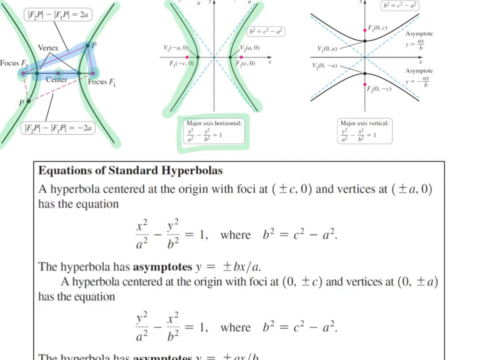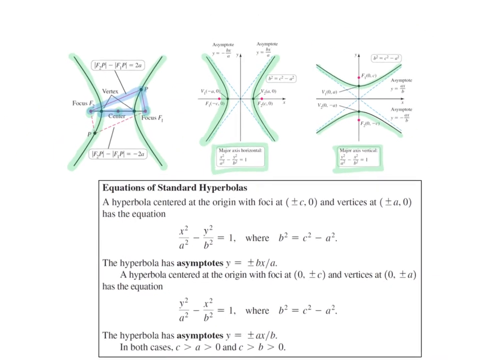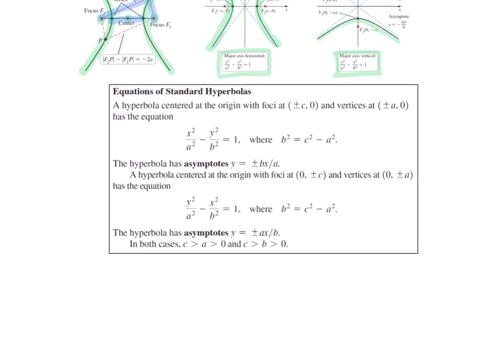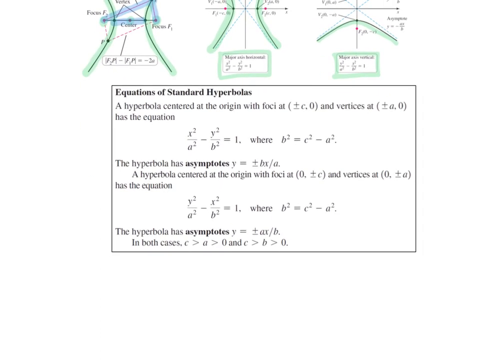In the last example of our hyperbola, the vertices are along the y-axis. So the equation that we use is y squared over a squared minus x squared over b squared is equal to 1. So looking at this box below, it talks about the properties of a hyperbola.